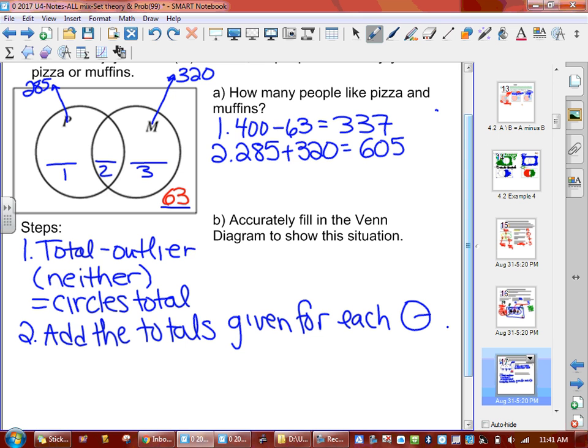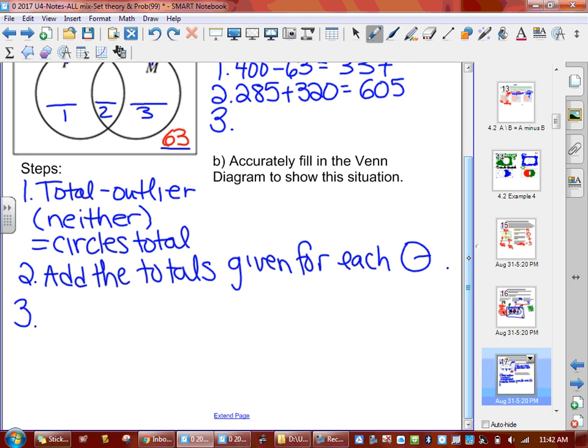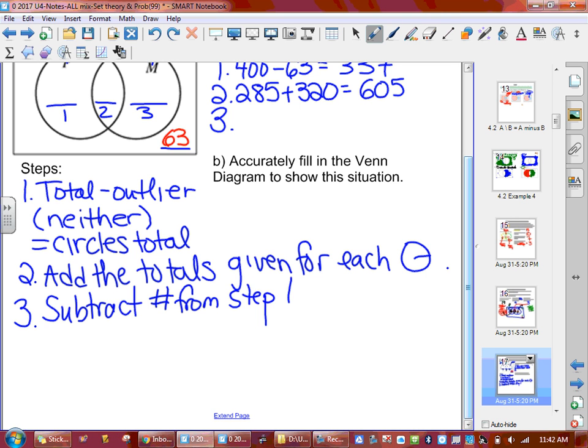Step 3, we're going to subtract. Step 3 says subtract the number from step 1 from the number in step 2. We'll write all the other steps out before I finish doing the steps up top.